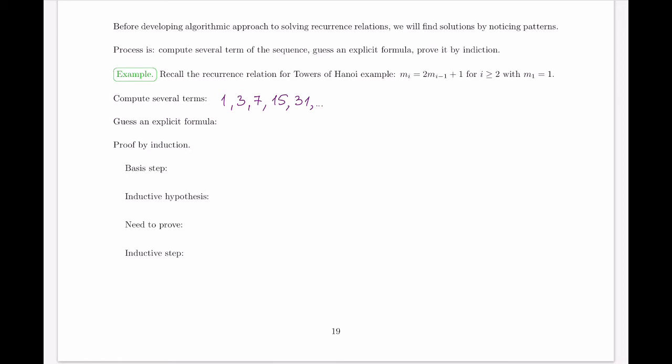Notice that the second term is the second power of 2 minus 1. The third term is the third power of 2 minus 1. The fourth term is the fourth power of 2 minus 1. So my guess at the explicit formula is that the nth term is 2 to the n minus 1, where n is greater than or equal to 2, because again, the first term is actually given to us by the recursive definition.